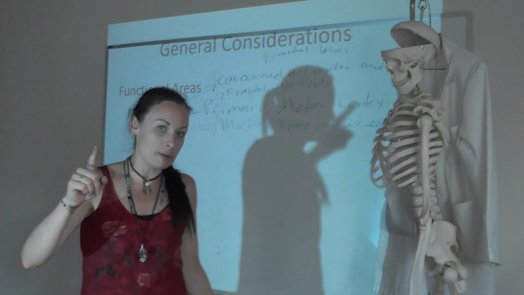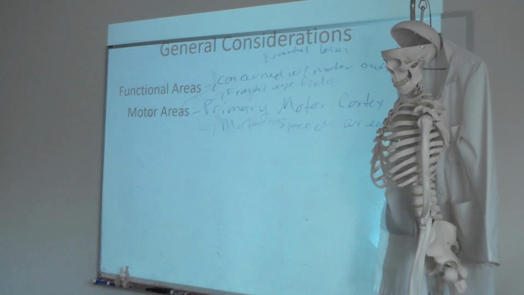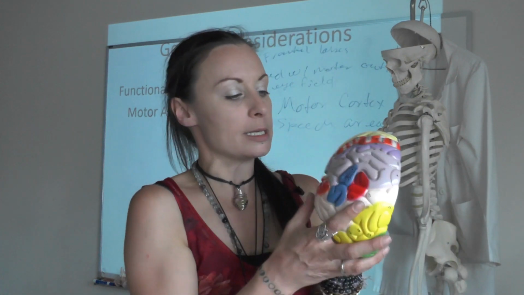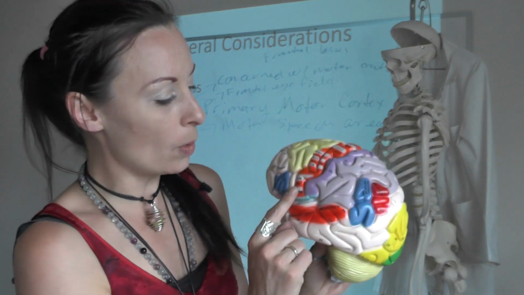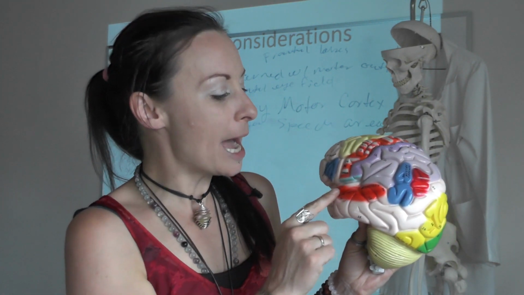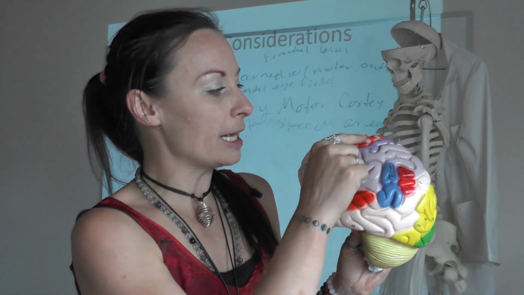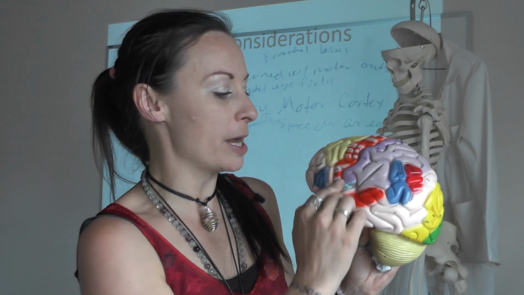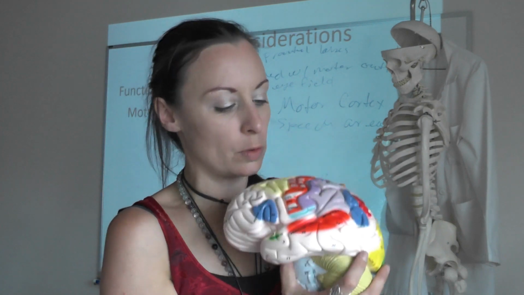I do want to talk to you about a motor homunculus. So look it up, people, homunculus, and you can see it. It's this map. You can look at it in your book. We have a map of the body on the precentral gyrus that they figured out early on in anatomical studies and brain surgeries.